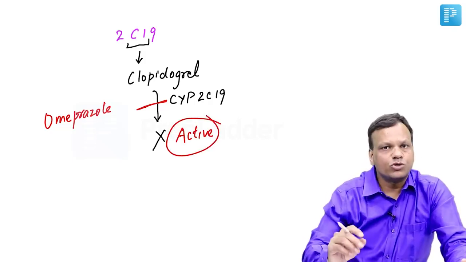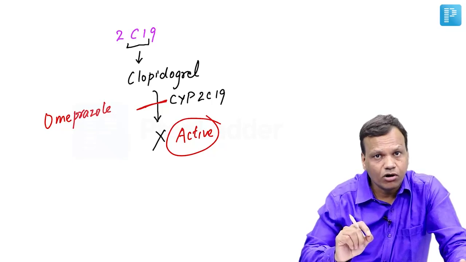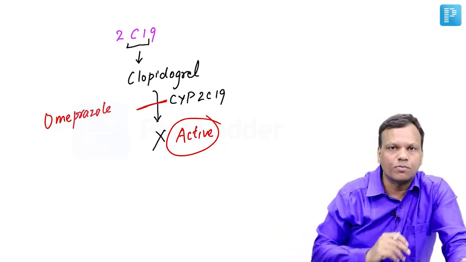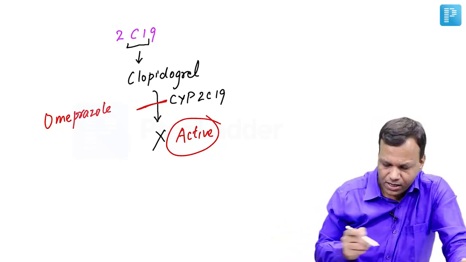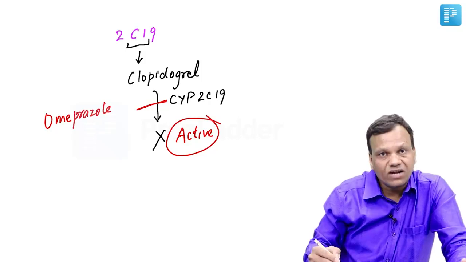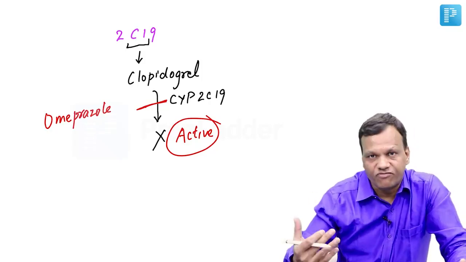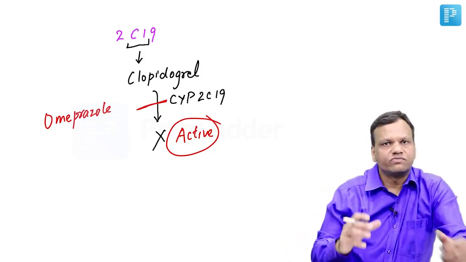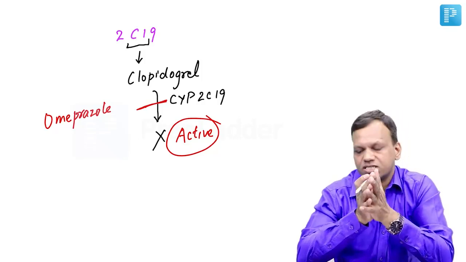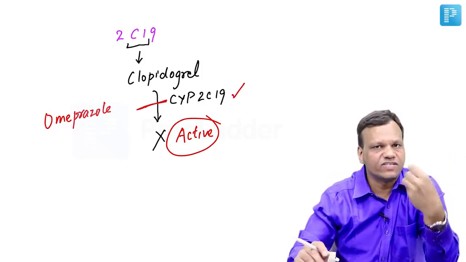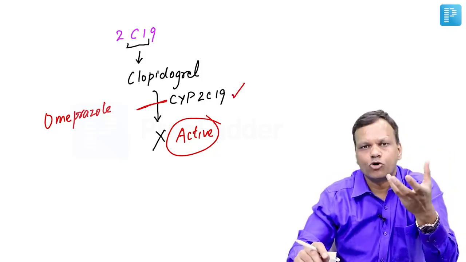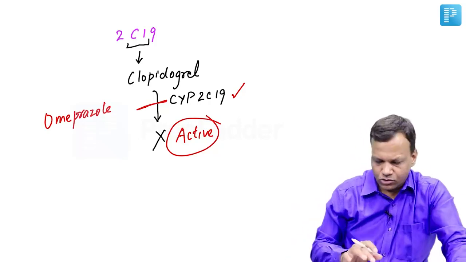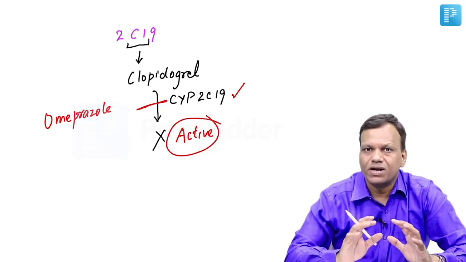Remember, CYP2C19 is involved in activation, not in inhibition, of clopidogrel. It activates clopidogrel. So if we give omeprazole, clopidogrel will not become active, so it becomes ineffective. Okay. Further, there are some genetic situations in which a person has a lesser level of CYP2C19. In those people, clopidogrel is not effective. Okay. So these are the important microsomal enzymes.